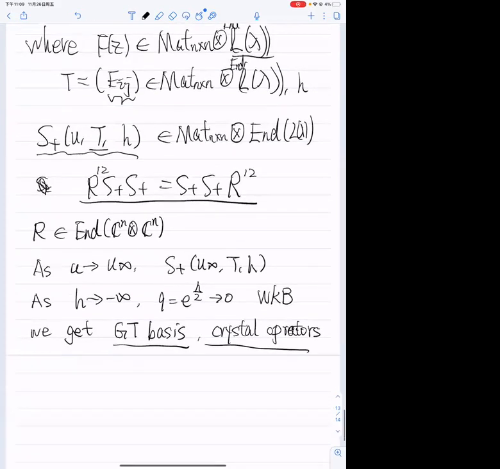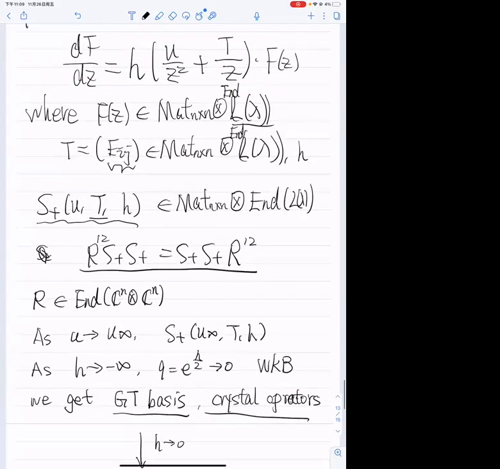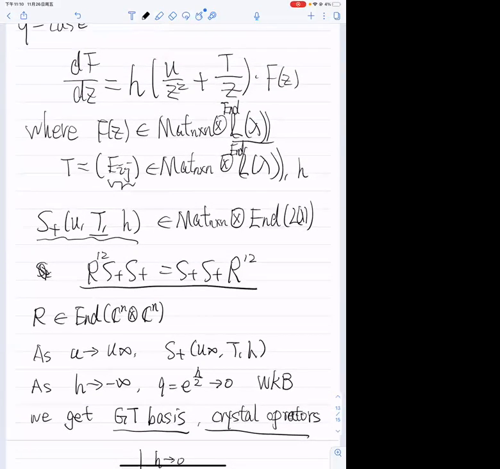So this is exactly the quantum version of my talk. Instead of the UA equation, you simply consider this KZ type equation and study its Stokes matrices.